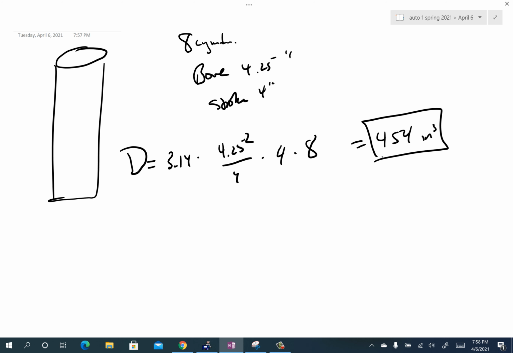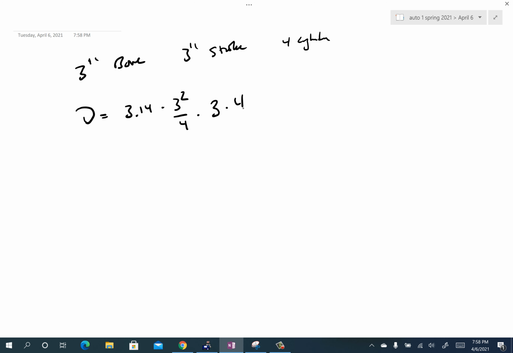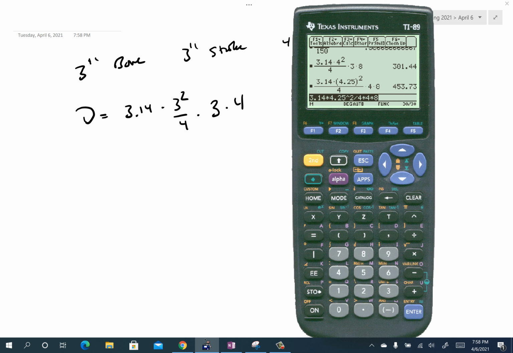I want to do a couple more. How about it? Let's play. Mr. Groom, what if you had an engine that had a 3-inch bore and a 3-inch stroke? That's a good question. I don't know. How many cylinders does it have? 4, Mr. Groom. It has 4 cylinders. We can do that. So displacement is simply equal to 3.14 times 3 squared divided by 4 times 3 times 4.